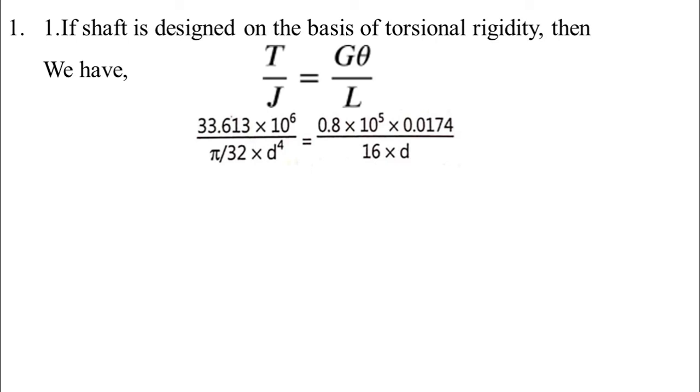Now pause the video and calculate the diameter small d from it. Then play the video and check the answer you calculated. We will get the diameter as 157.88 mm.